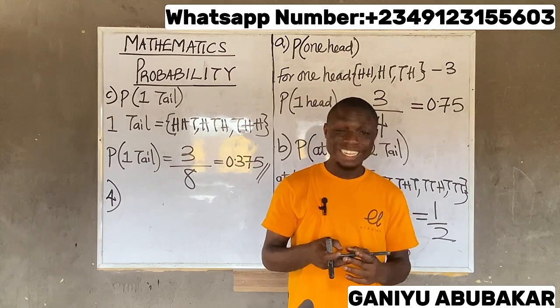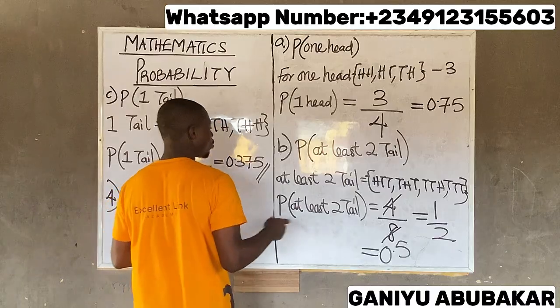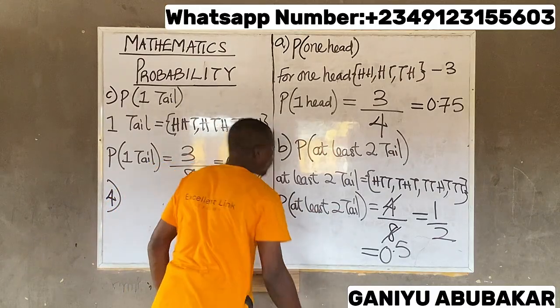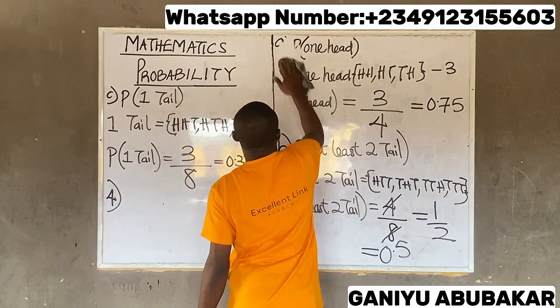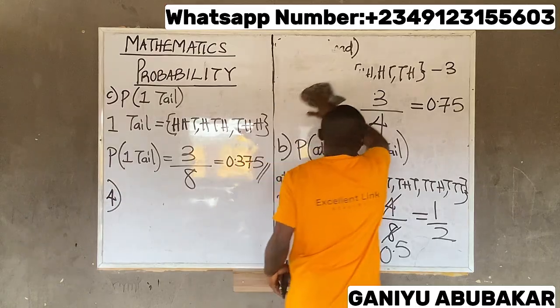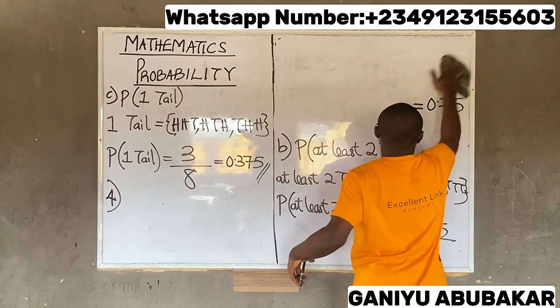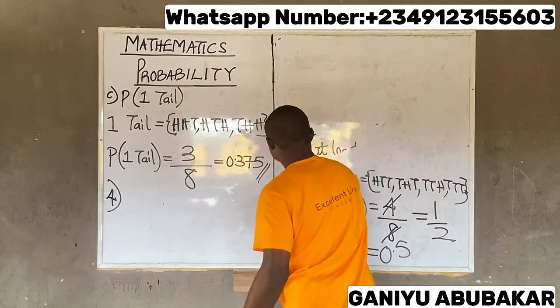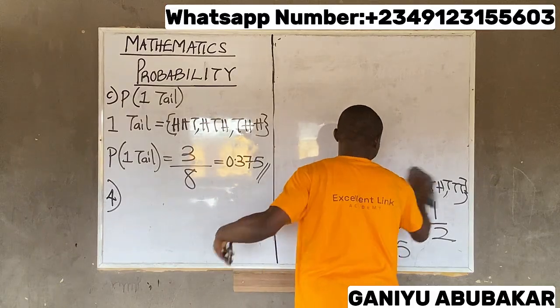Now, this question focuses on dice, right? So what you should do is this: for every question, focus your mind on the object. And we have talked about dice already before now, right? That the sample space for a dice is 6.